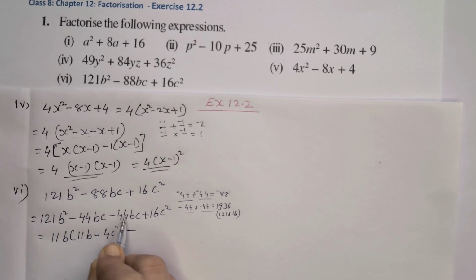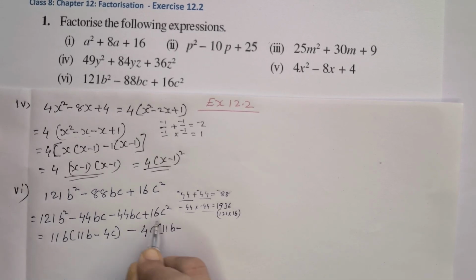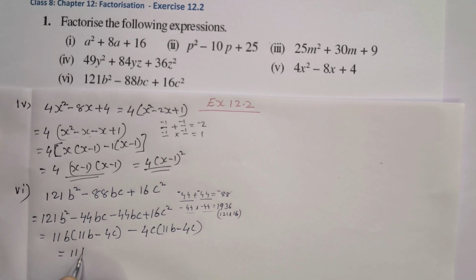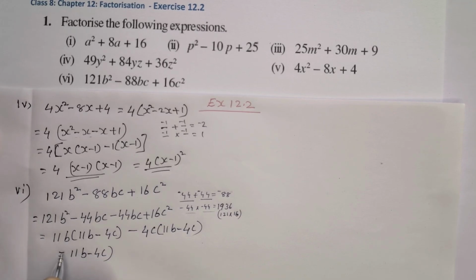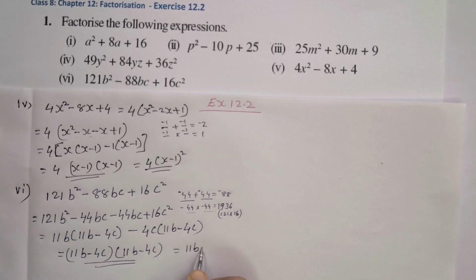Then from the next two terms we can take minus 4c as common, 11b minus 4c. This bracket we can take as common, 11b minus 4c, again 11b minus 4c is coming. This is the factorized form: 11b minus 4c the whole square.